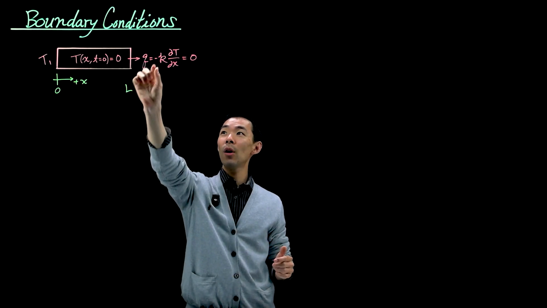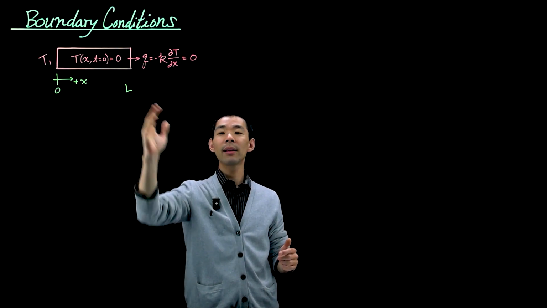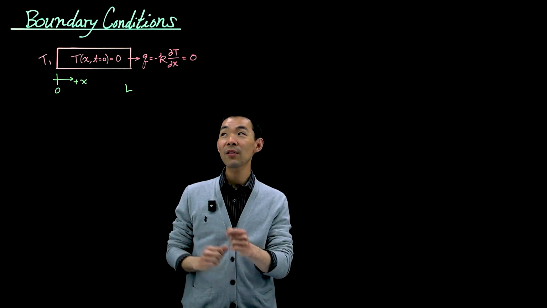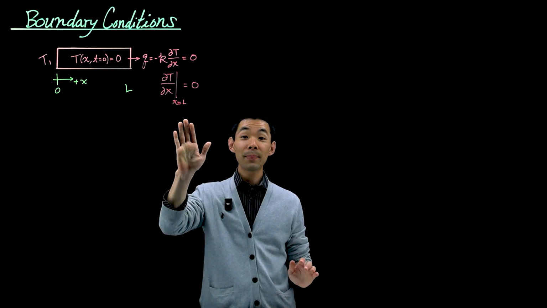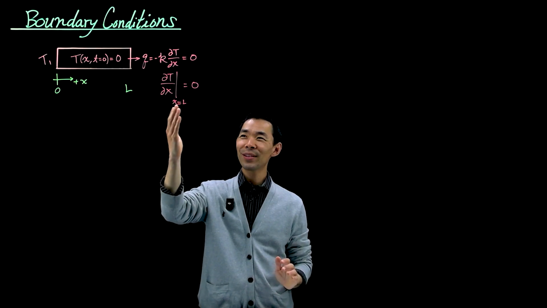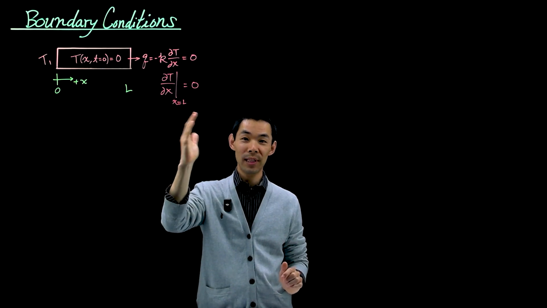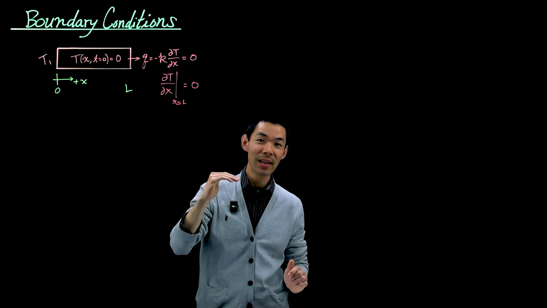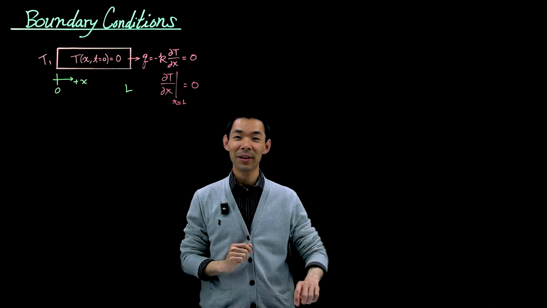In other words, the overall flux Q is equal to 0 at this boundary, in this case at x equal to L. So what this means from the perspective of the temperature profile is the following. The spatial derivative of the temperature at x equal to L must be equal to 0. And this is coming from the fact that there's no heat flux leaving the boundary at that surface. And this is called an insulated boundary condition.